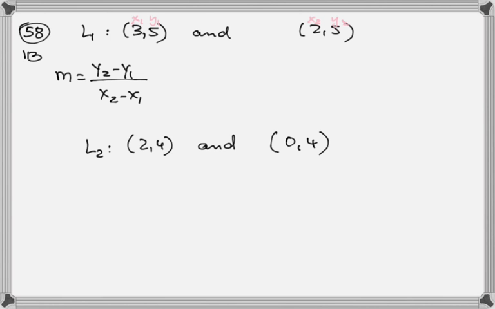Line 1, do we have a slope? 0 over -1. What is that? 0. 5 minus 5, right? Over 2 minus 3, which is 0 over -1, which is 0.